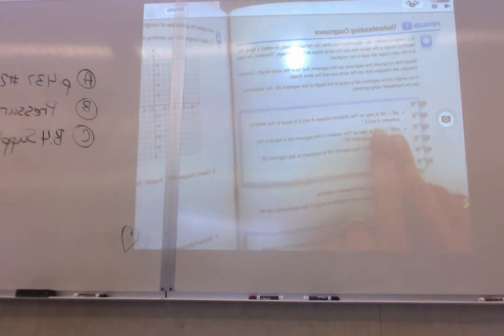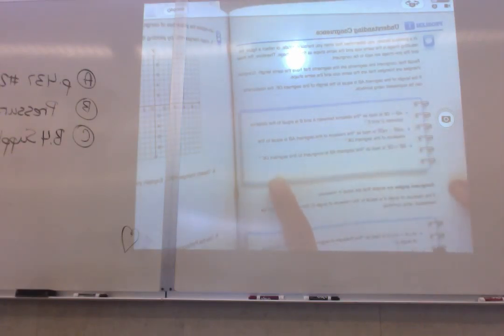Notice it has a line. So this is the distance between A and B equals the distance between D and E. This is the measure of the two line segments are equal. And then this one is congruent. It looks like an equal sign with a little squiggle over the top. Okay, you've seen these before. This is kind of vocabulary.